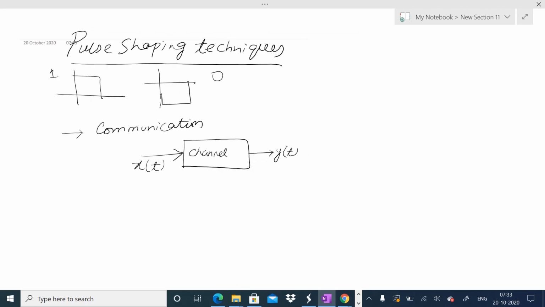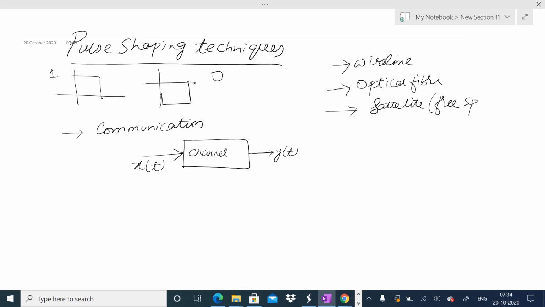Suppose it can be a wire line, a telephone wire. It can be optical fiber, it can be a free space satellite channel, or a typical wireless scenario where there are a lot of obstacles.